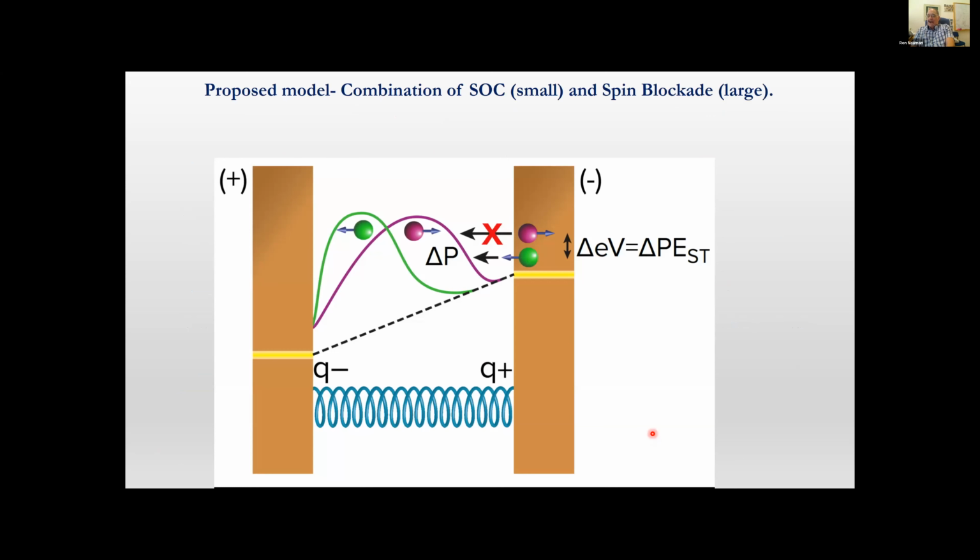Okay, so here is the model, and I will try to explain it briefly. Let's assume that we have a chiral molecule here, and it's between two electrodes. Actually, it doesn't have to be electrodes. If on the two sides of the molecule there is some species with different electrochemical potential, it behaves like an electrode.